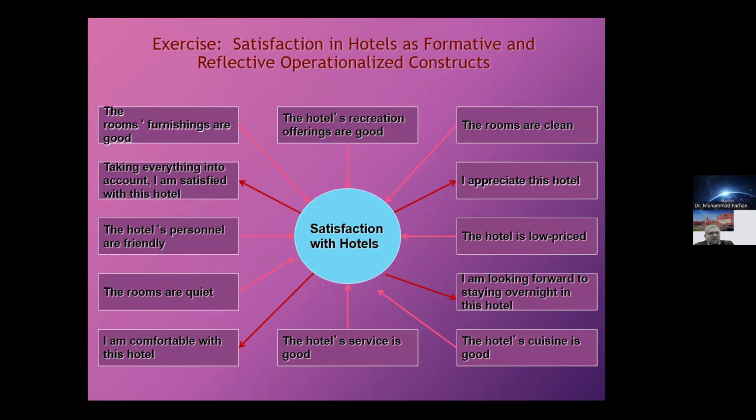But just make a comparison with these pink arrows. The room furnishings are good, the recreation offerings are good, the rooms are clean, the hotel is low priced. You see different aspects of the satisfaction.